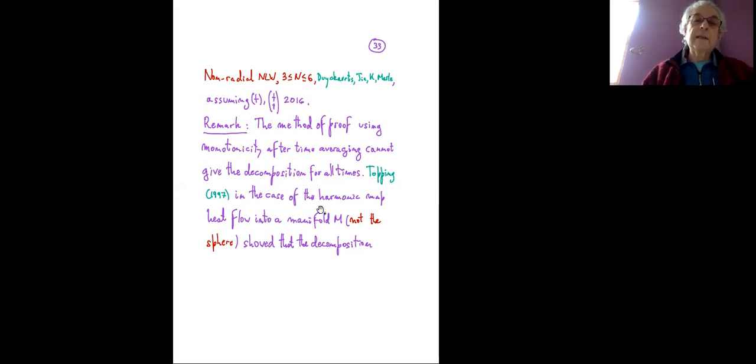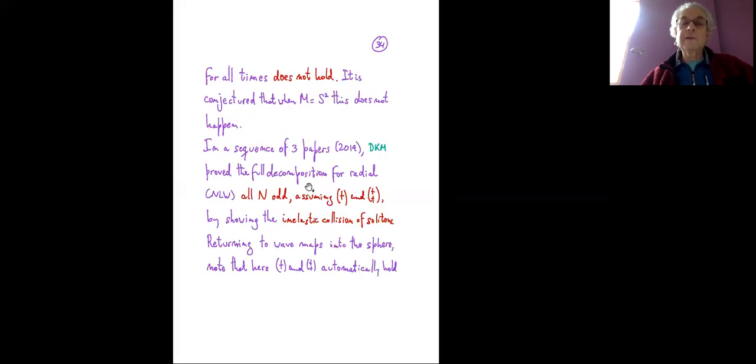Topping in 1997 found that if you change the target manifold not to be the sphere, but another smooth manifold that he constructed, the decomposition cannot hold for all sequences of times. It is dependent on the sequence of times. However, it is conjectured that if the target is the sphere, this does not happen. And this is still an open problem today.